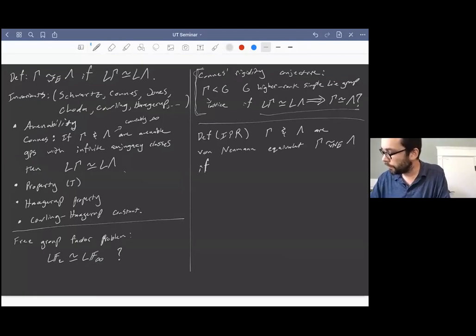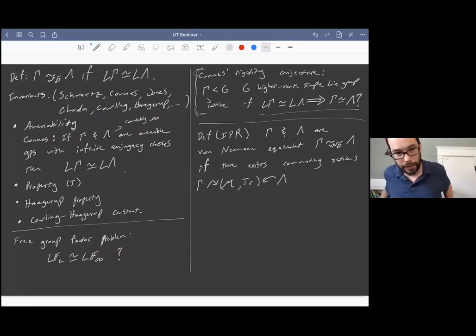So if there exist commuting actions of Gamma and Lambda, and I'll think of one acting on the left and one acting on the right.